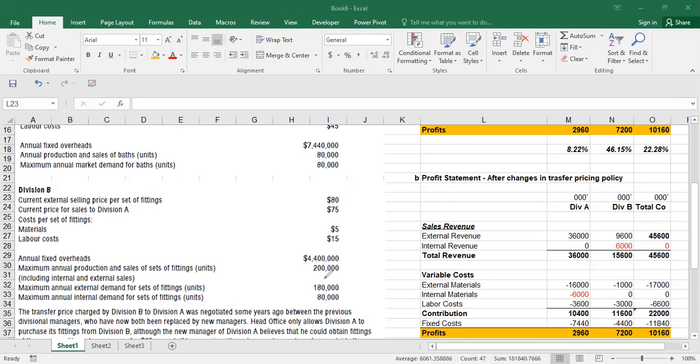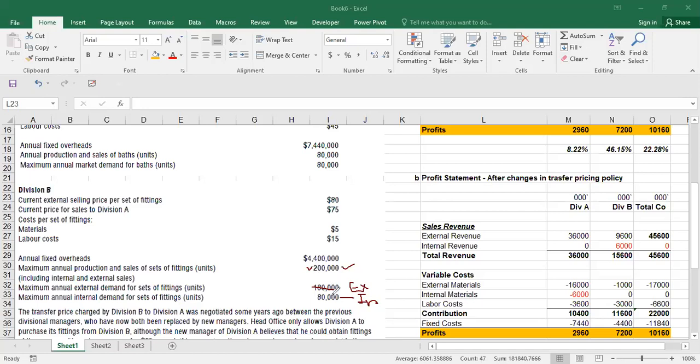You know what? You are making 200,000. And before, the head office said that this division B must sell to division A. And therefore all of this 80,000 we were giving internally. And we were selling externally only 120,000, because we have a total of 200,000.